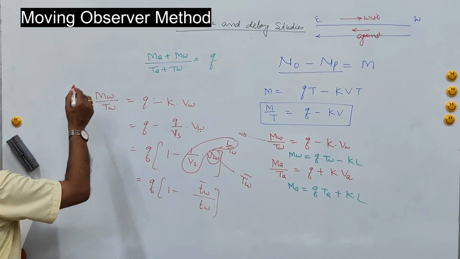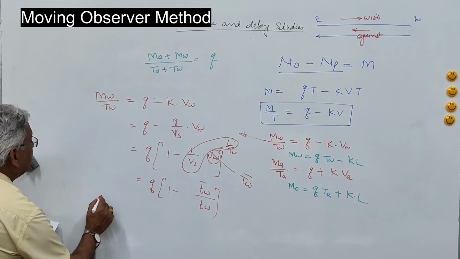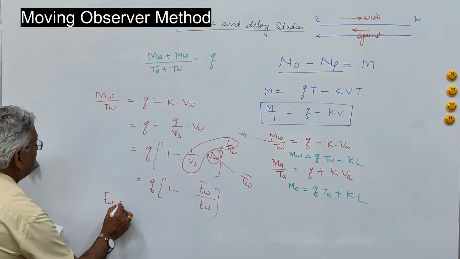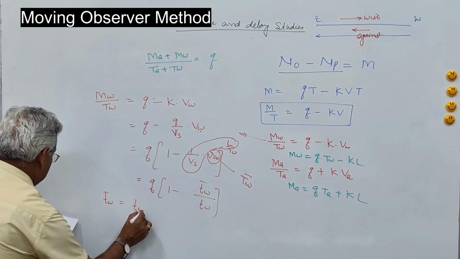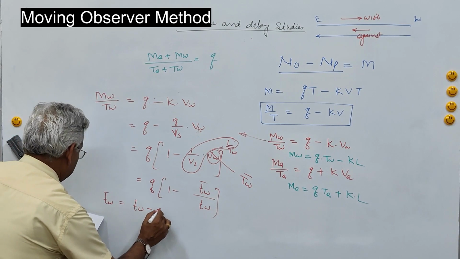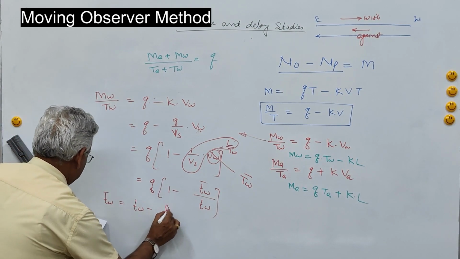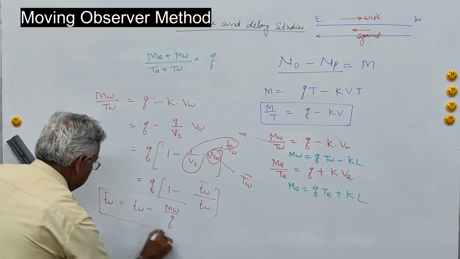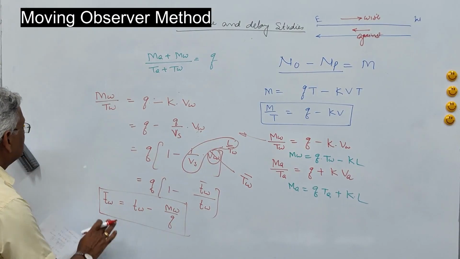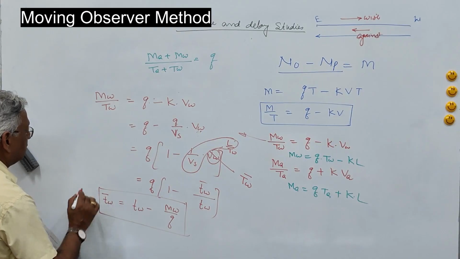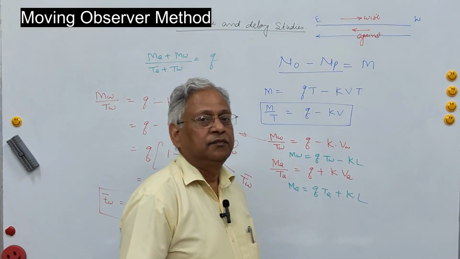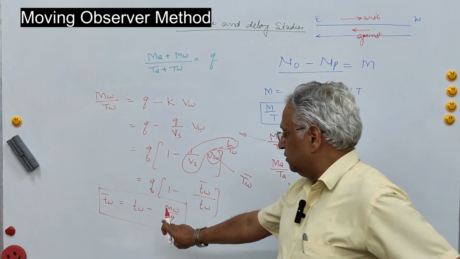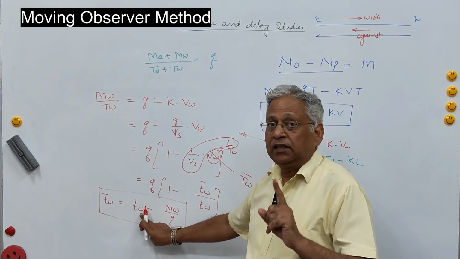If you simplify this, it will be that T bar is equal to tw minus mw upon Q. Now, this is the equation which will give you the average time. This is less than the time taken by the test car.